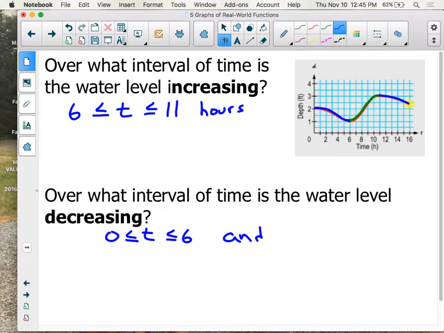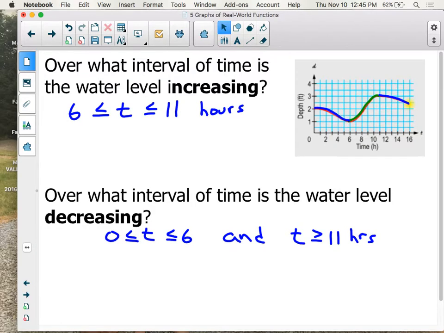And we have another interval as well. And this is going to be when our time is greater than or equal to 11 hours. We don't know how much longer we're going to go. We only have data up to the 16th hour. So that's about as far as we can go there. We can say that t is greater than 11, meaning from 11 hours and beyond. So check out those intervals of increase and decrease.